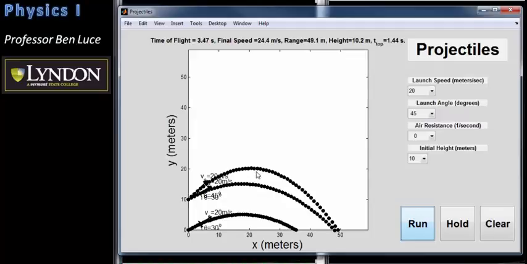Okay, you can get an idea from this that the relationship between the launch speed, angle, height, and range is fairly complex. And that's what we're going to try to do in this section, is calculate all these and try to understand the dependence of these various final parameters on the various initial parameters.